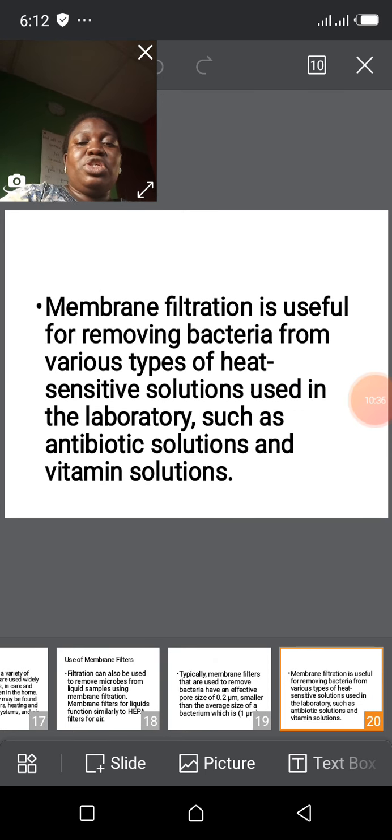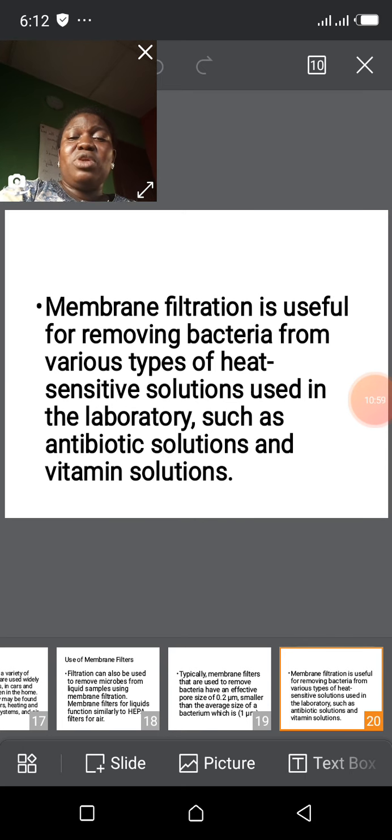Membrane filtration is used for removing bacteria from various heat-sensitive solutions that are used in the laboratory, like the antibiotic solution and the vitamin solution. Like the antibiotics, if you want to sterilize them and you use an autoclave, the heat produced by the autoclave is going to denature some substances in the antibiotic.